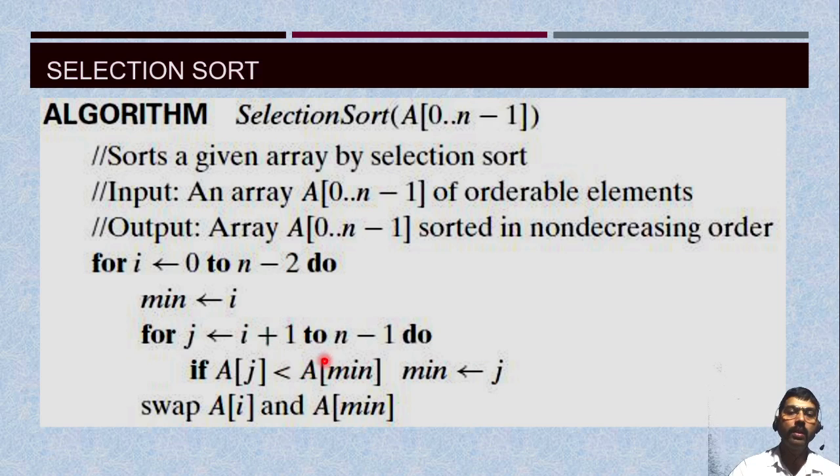Once the minimum is identified, it is exchanged with the first element. In one pass, it does one swapping. So in n minus 1 passes, it will do n minus 1 swappings, approximately n. So the total number of swappings is n. So it is called theta n.